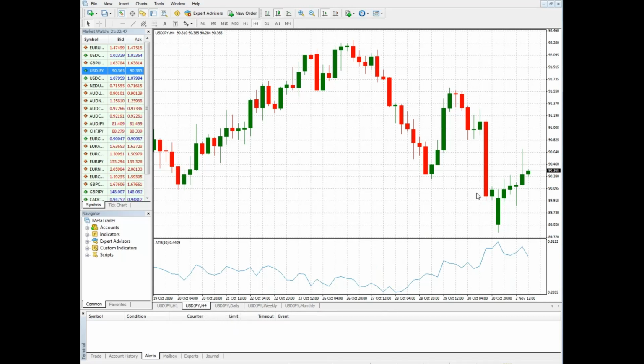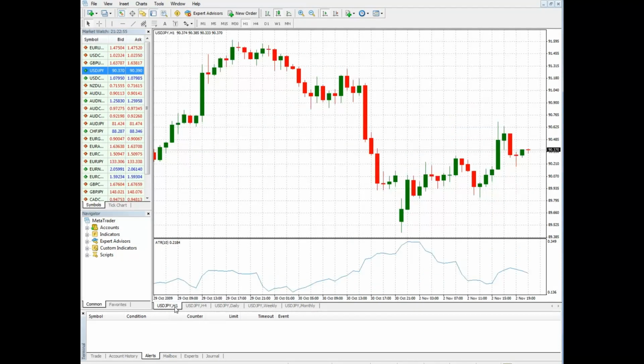okay, let's see, 4 hour. Again, just shows you have to be selective, and mm, 1 hour. The 1 hour still in a breakout of this particular inside bar, the low of that inside bar.